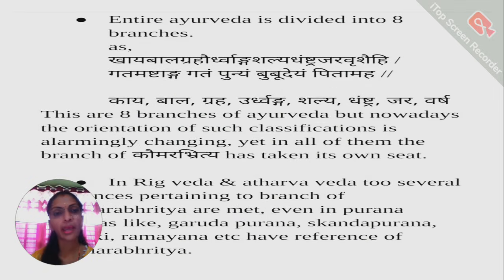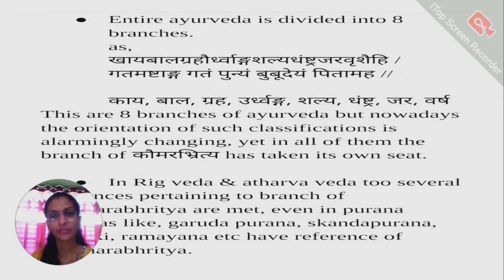So this entire Ayurveda is divided into 8 branches, which we will study in first year only, according to our Acharyas. But as we are dealing with Kaumarabhritya, the branch of pediatrics took its own seat in the Ashtangas.